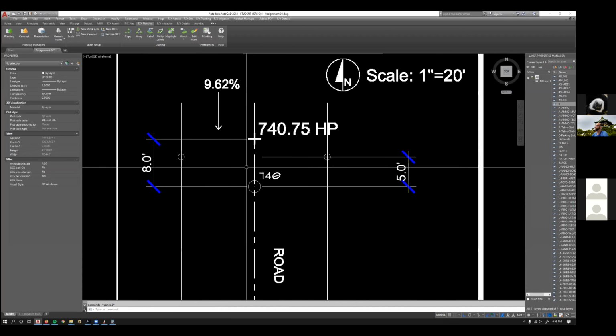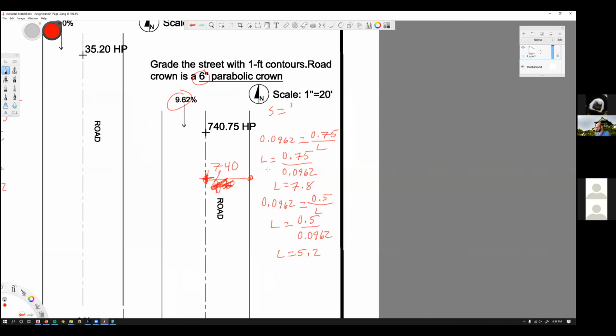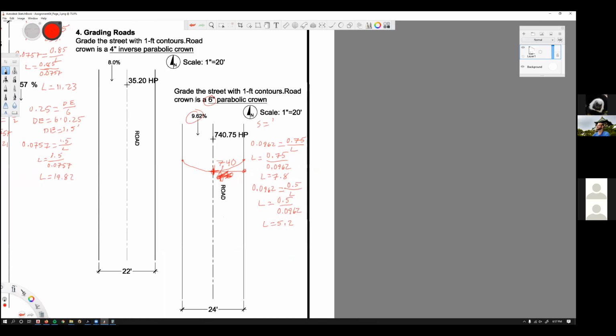And to create this parabolic curve, you don't really have to worry about the shape of it. Just make sure your dots are in the proper spot, and you're just going to try your best to draw a little guy like that. To figure out where the next one is, you would just do that same thing.